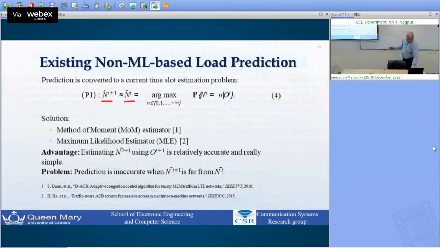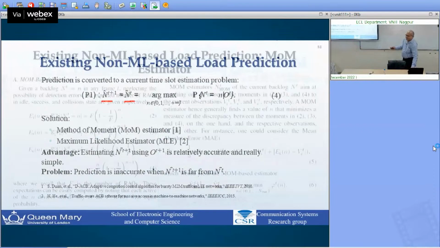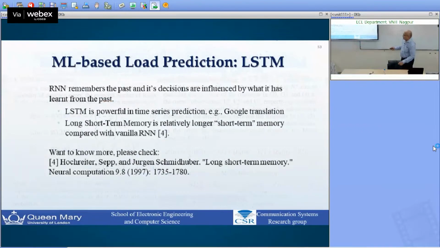Now the question is, we don't need an estimator because that is not accurate. We need a predictor. Motivated by Google Translator, we can use the same LSTM network to predict the load. Google Translator uses a long short-term memory recurrent neural network to predict based on the previous observations.